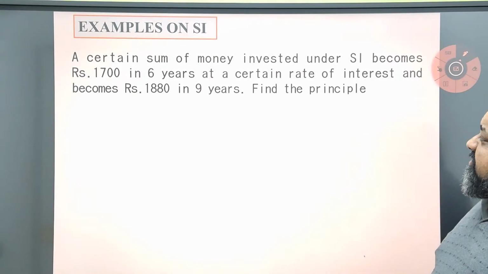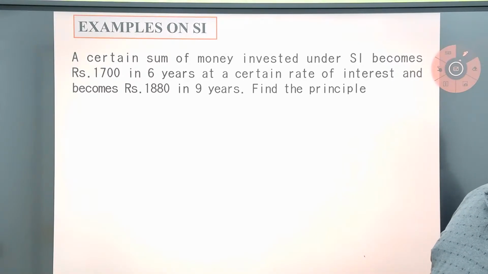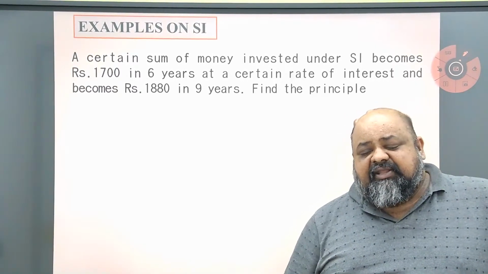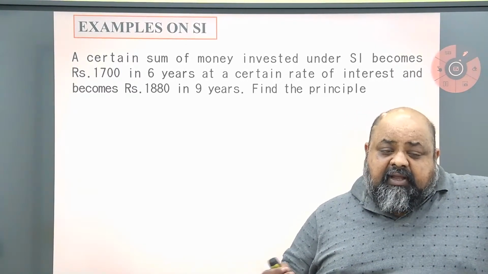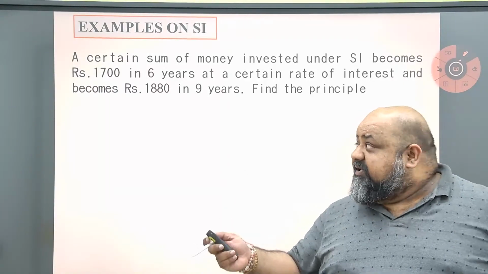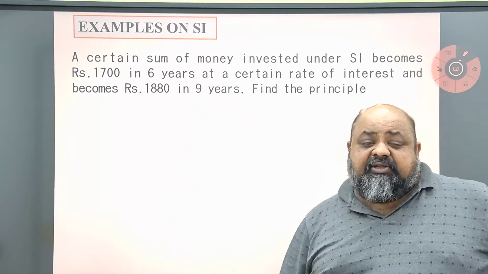So here it says a certain sum of money invested under SI becomes 1,700 in 6 years. Becomes means, if money was invested, after 6 years, the total money that is now due is 1,700. So basically, after 6 years, the amount is 1,700.